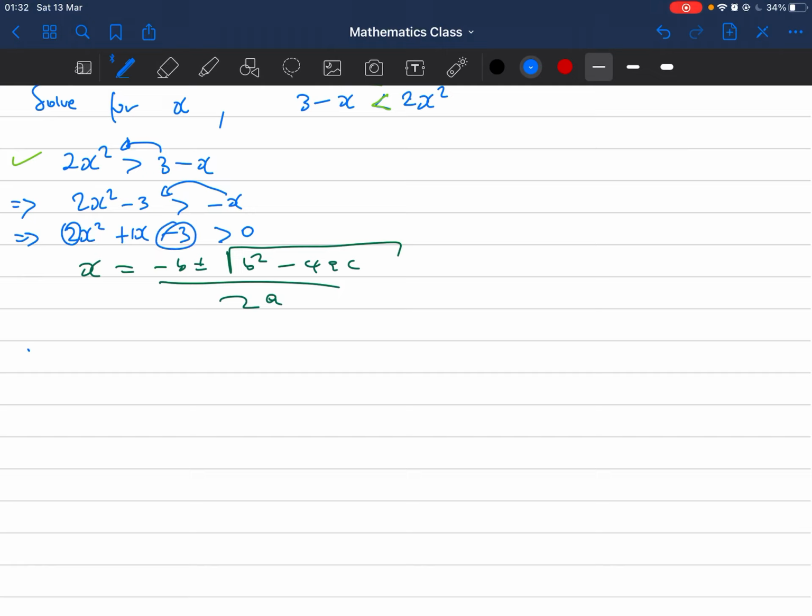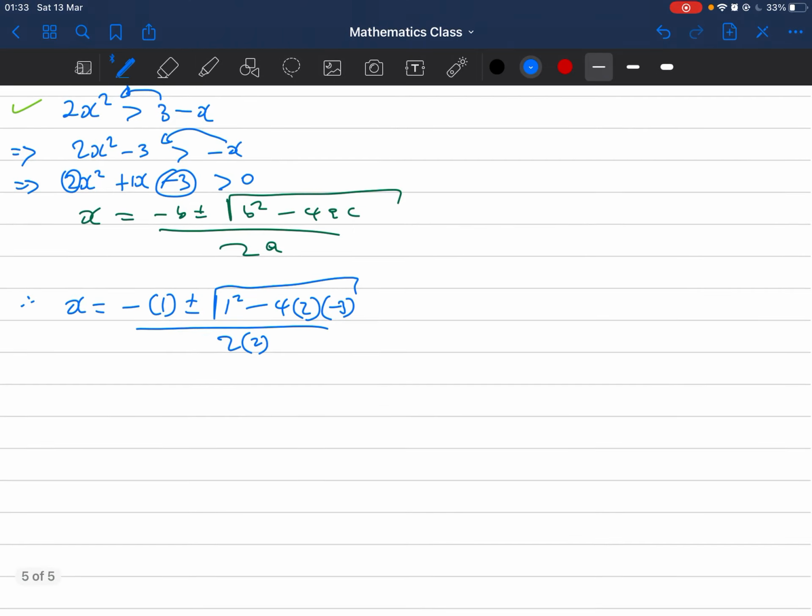So x is equal to minus b, which is 1, plus or minus the square root of 1 squared minus 4 times a, which is 2, times c, which is negative 3, over 2a, which is 2.